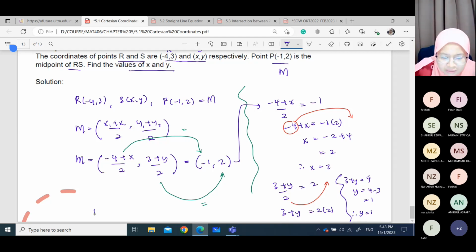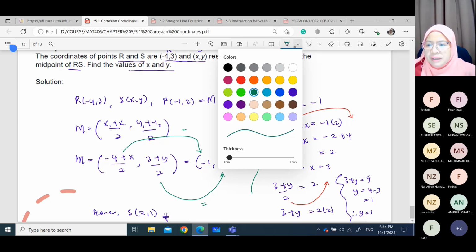Okay, so hence point S, the coordinate for S is 2, 1. Okay, so ini adalah coordinate bagi S. Faham tak?